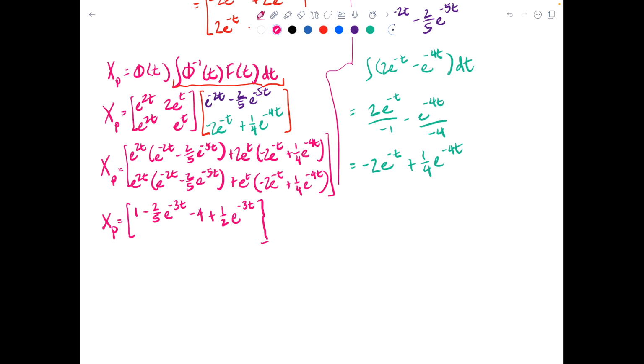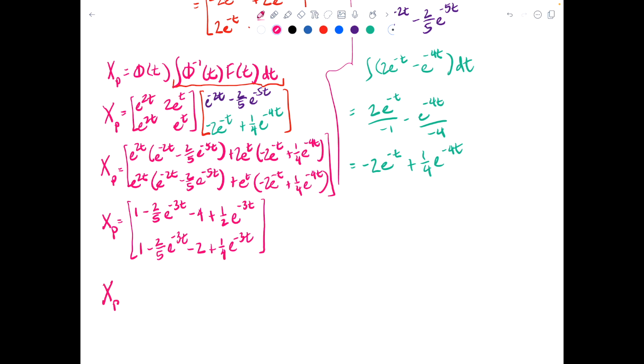And then for the bottom one, I'm going to make those longer. e to the 2t times e to the negative 2t is 1 minus 2/5 e to the negative 3t. And then minus 2 plus 1/4 e to the negative 3t.